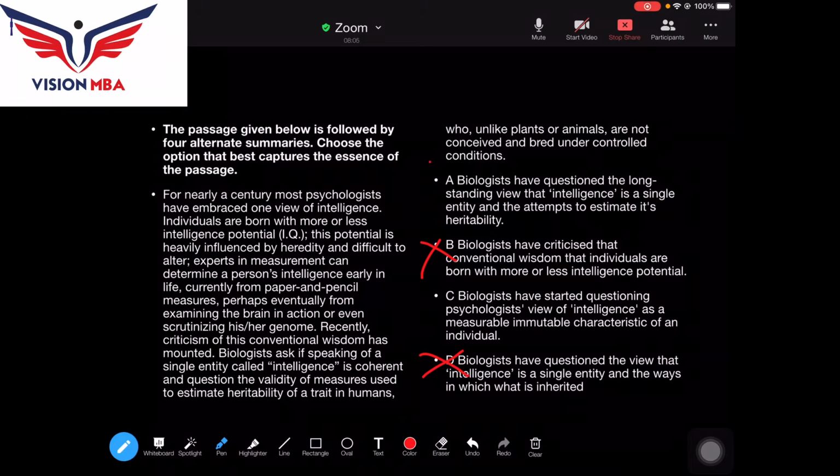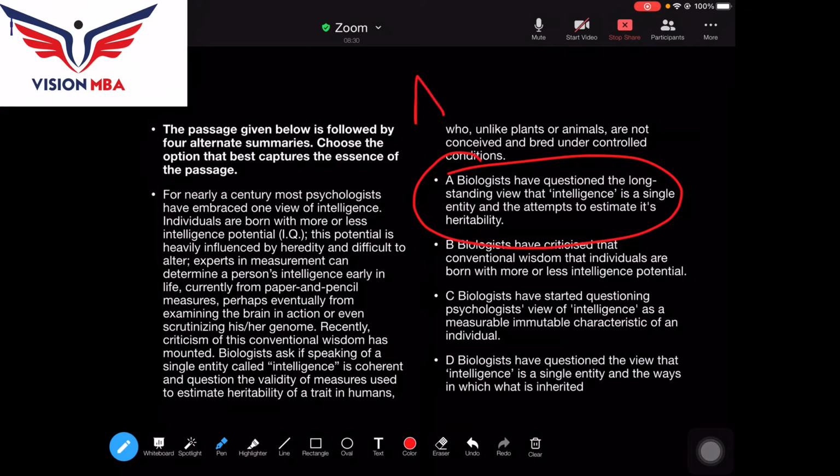So now the answer is either A or C. I will see which option has more power in it. I'll check the C. Now, guys, B and C are talking in the same direction. They are criticizing or questioning or putting doubts on it. A has more juice to it. Guess what? The answer is A.